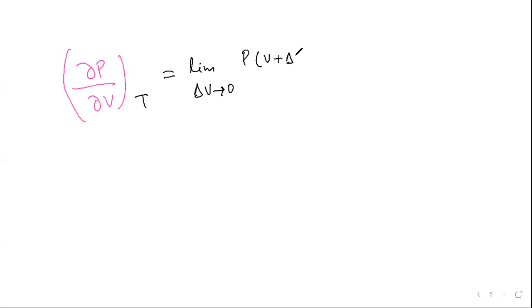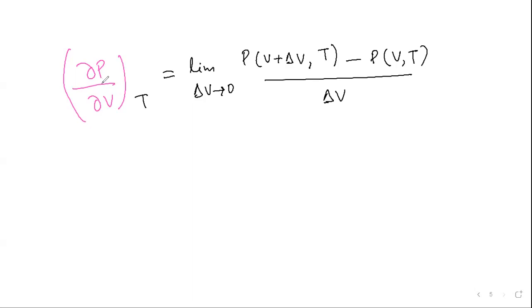If I write dou P by dou V at constant T, mathematically it means the limit as delta V tends to 0 of P(V plus delta V, T) minus P(V, T) over delta V. What is dou P by dou V at constant T?